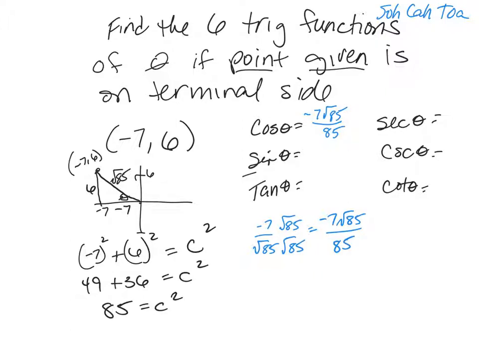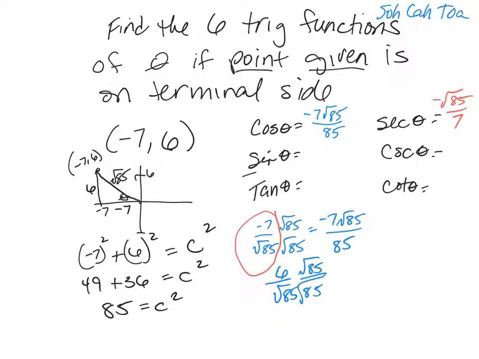Since secant's the reciprocal of cosine, I don't turn that answer upside down. What I turn upside down is this answer, because then the radical will be upstairs and you don't have to do any rationalization. Find the sine, it's going to be 6 over root 85. And you multiply that by root 85 over root 85.